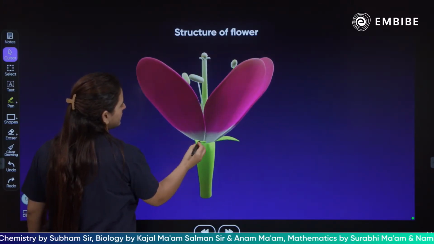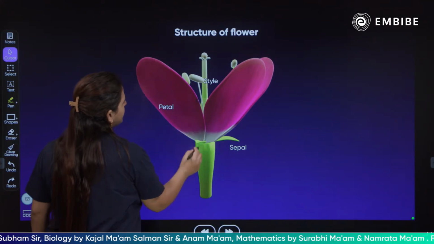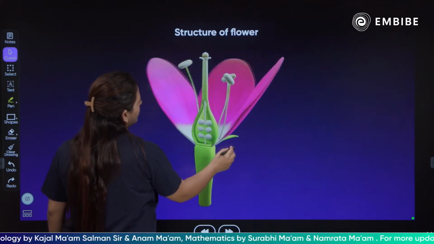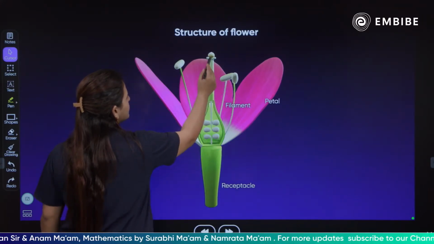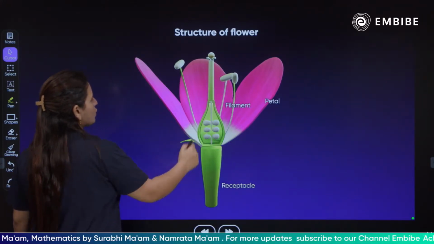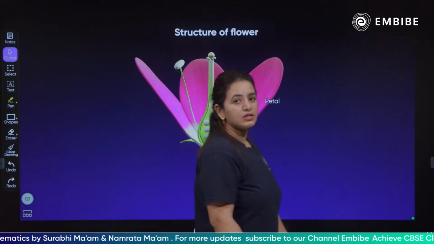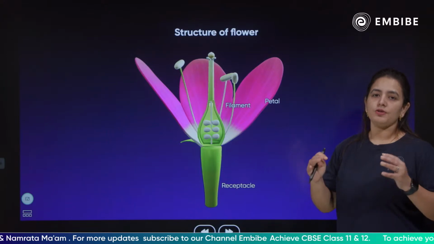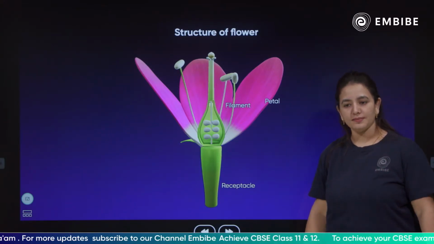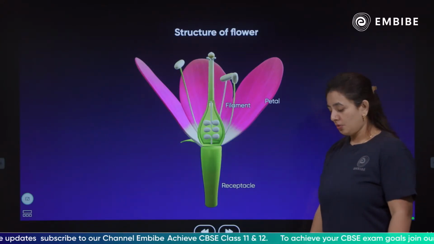Can you see this? Calyx, sepals, corolla, petals, stamen, filament, anther, carpel, stigma, style, ovary, and ovary has ovules. So this is all the structure put together, creating a whole flower. Clear? I hope this is very clear.